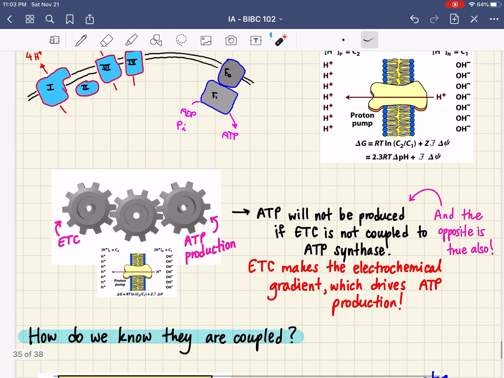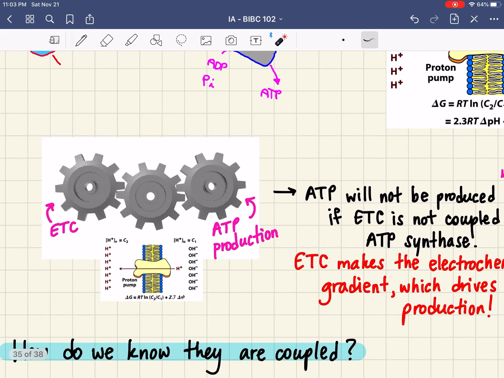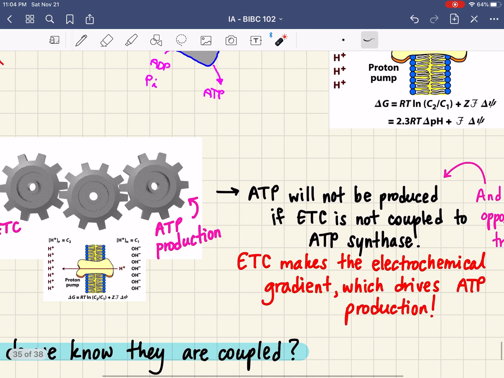So to put it in a metaphor, right, it would be this. If there is no ETC, then there will be no proton gradient, and ATP synthase won't work, and we will not get any ATP production. So you see how all three of these processes are connected. One is dependent on the other, and that is what coupling between ETC and the ATP synthase actually means.